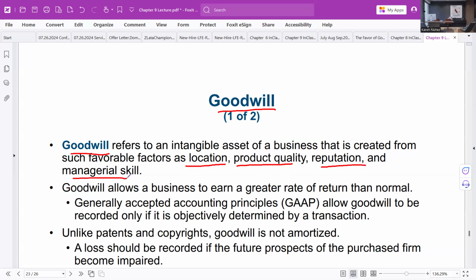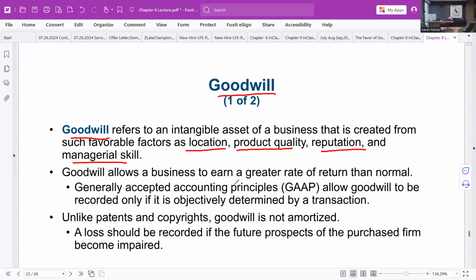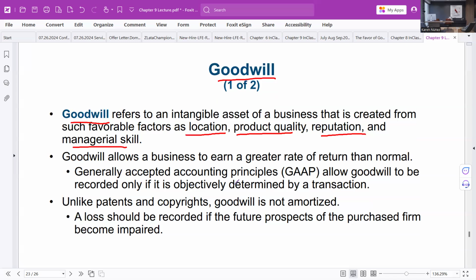You are buying something that exceeds the value of the assets. And we call that goodwill. Goodwill obviously is intangible. It's not physical. It doesn't have physical substance. You can't touch it. You can't see it. You can't feel it. But it's there. You know it's there because it's been valued as such.